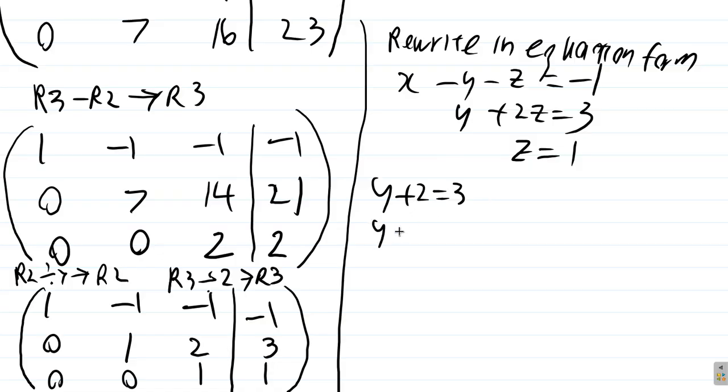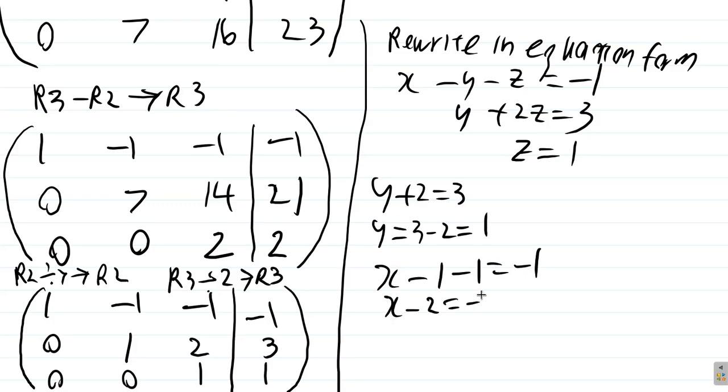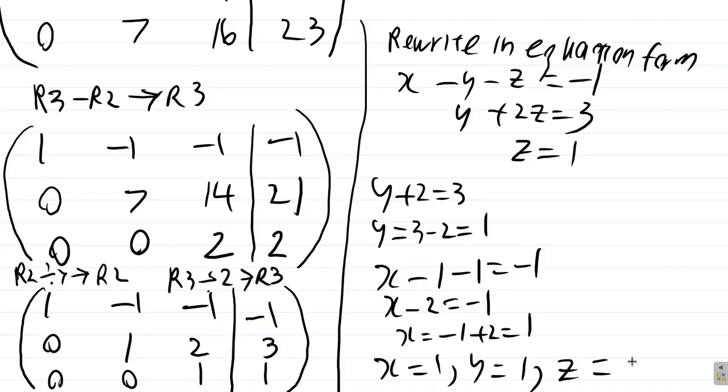So y equals 3 minus 2 equals 1. Good. We get z is 1, y is 1. Substitute in equation 1 now. x minus 1 minus 1 equals negative 1, so that will be x minus 2 equals negative 1. So x is negative 1 plus 2 equals 1. Good. So x is 1, y is 1, z is 1.